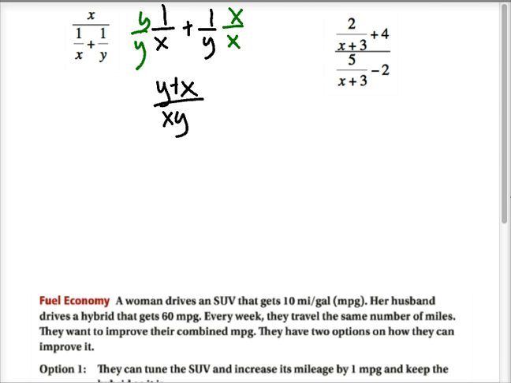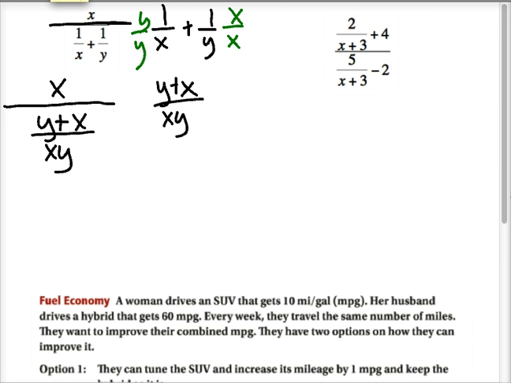So we have x over, and again, really accentuate that fraction, over y plus x over xy. And again, when you're dividing by a fraction, remember that is the same thing as multiplying by the reciprocal.